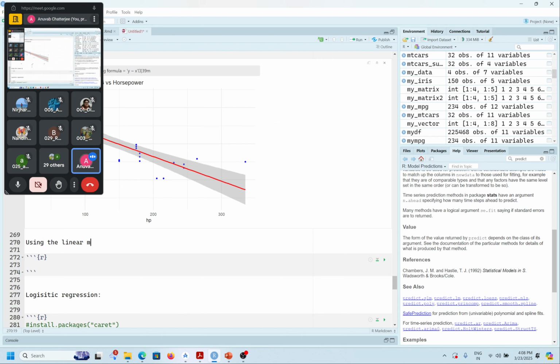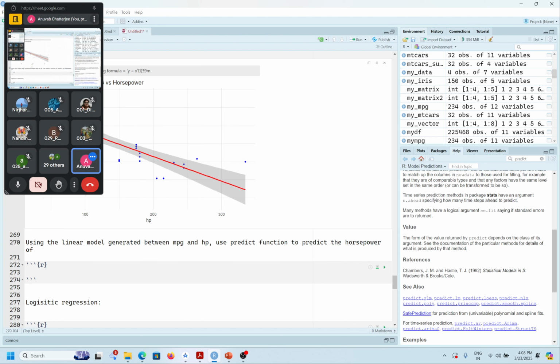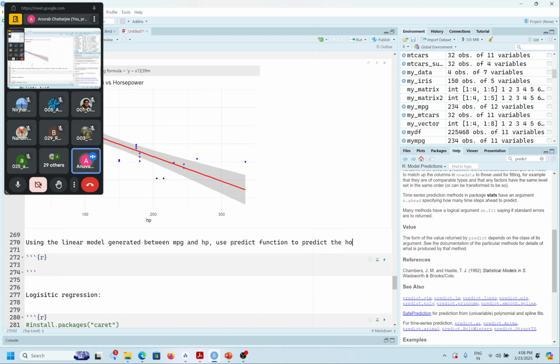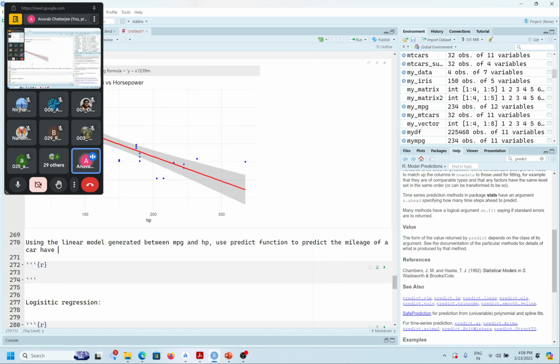Using the linear model generated between MPH and HP, use the predict function to predict the mileage of a car having 250 HP. So what should be the mileage of such a car?